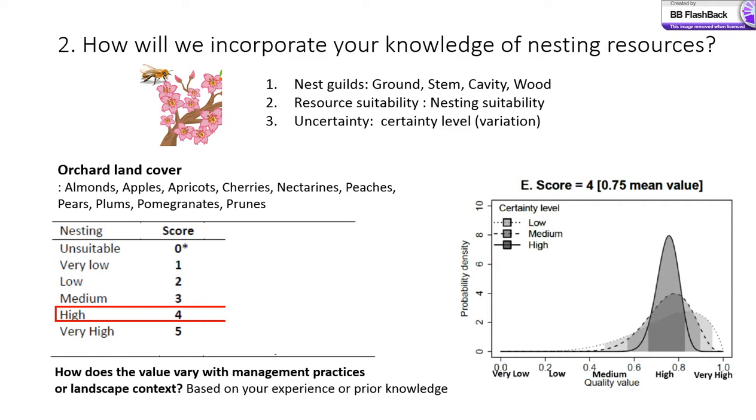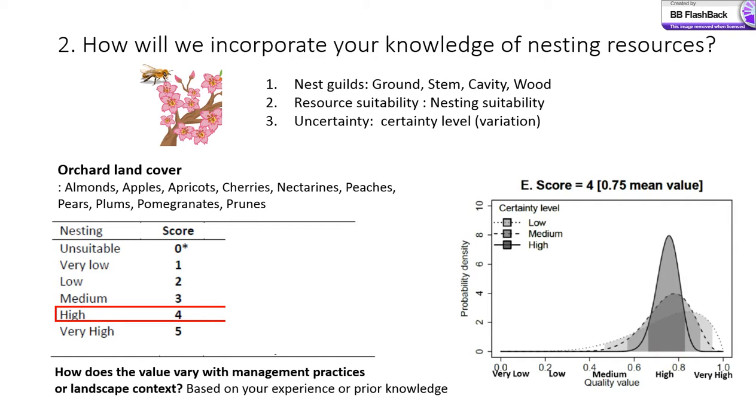If you think it varies a lot with different management actions, then you can choose low certainty level. It can make the amount of variance go down to medium quality level to very high quality level, even though the average of the habitat quality level stays high.